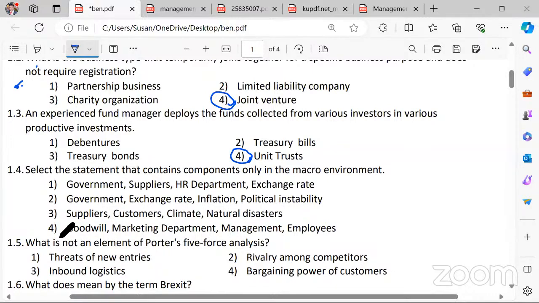Select the statement that contains components only in the macro environment, right? Now we know there are two main environments, internal and external. The external environment is divided into two, micro and macro environment, right?